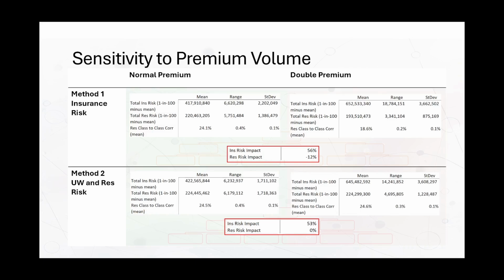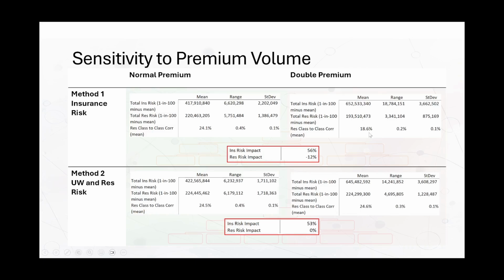So when we correlate total insurance risk together across the classes, more of that correlation effect is being inherited by the underwriting risk, and less of it is being inherited by the reserve risk. So when we then look at the reserve risk distribution in isolation, the class-to-class correlation has effectively got a bit weaker. And we can see that here, this average class-to-class correlation measured on the reserve risk distribution has dropped from about 24% down to about 19%. And that's what's explaining this drop in the total reserve risk measure.